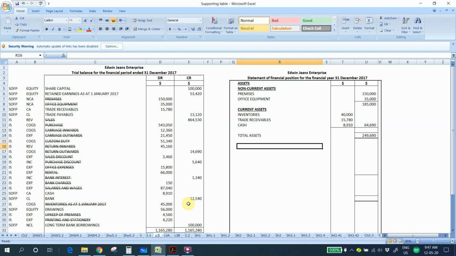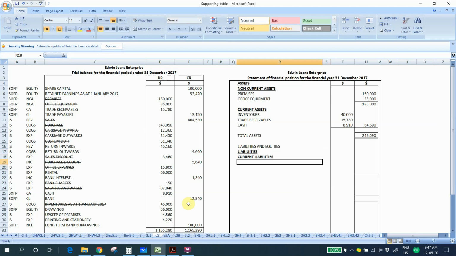Next, we record the liabilities and equities. So we record the liability first. The first item is current liabilities.